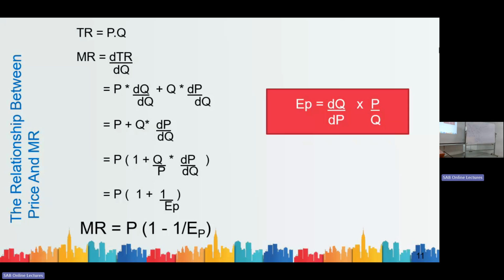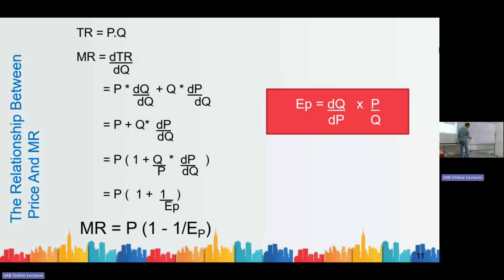So when price elasticity is 0.5, marginal revenue takes a negative value. That is clear from the graph as well. At this point, the corresponding marginal revenue is minus 5. This is the price, this is the price elasticity at this price, and at this price elasticity we get a negative value for marginal revenue.